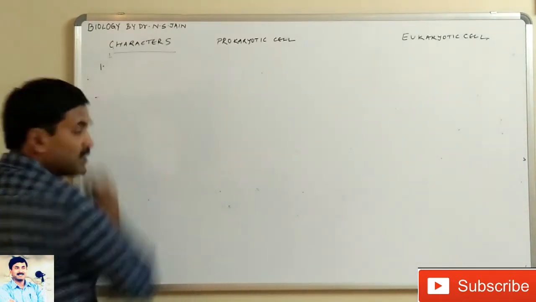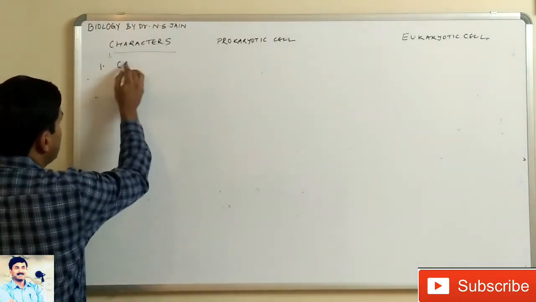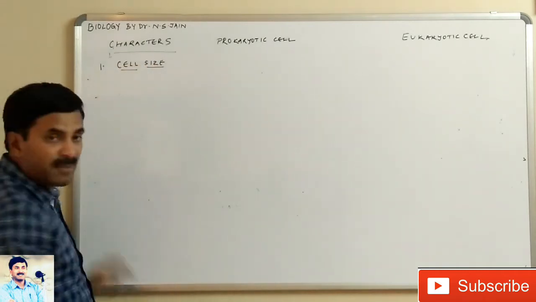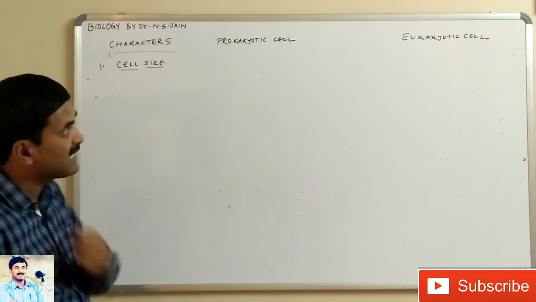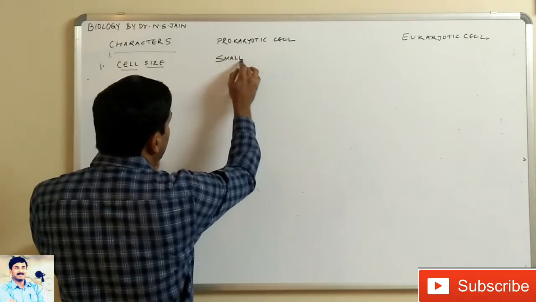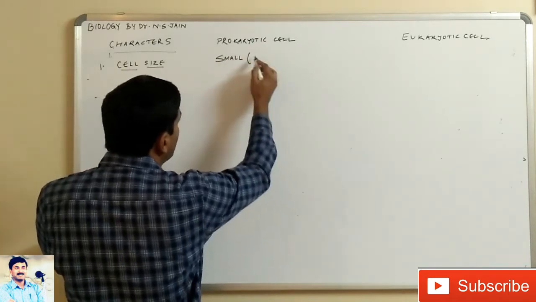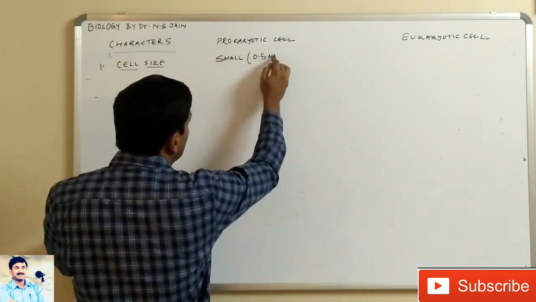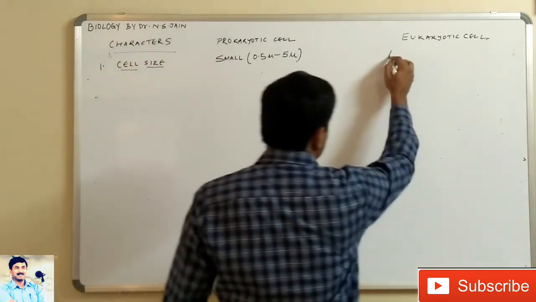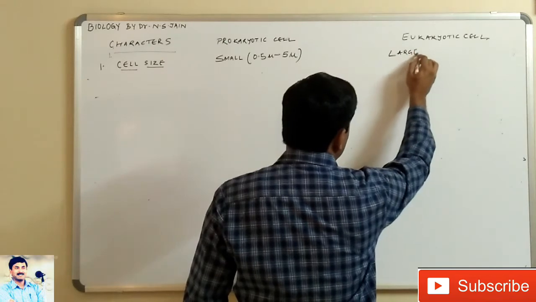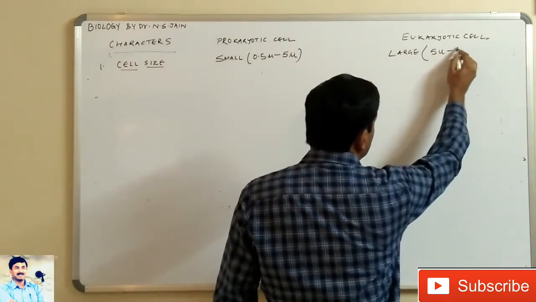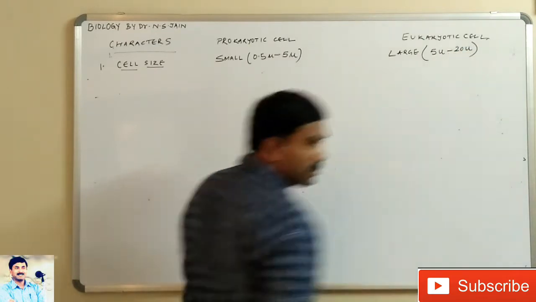Now see, point number 1, cell size. What is the cell size? Always remember that a prokaryotic cell is smaller in size than a eukaryotic cell. Here they are small, with a cell size of 0.5 micron to 5 microns, while a eukaryotic cell is large, with a size of 5 micron to 20 micron.